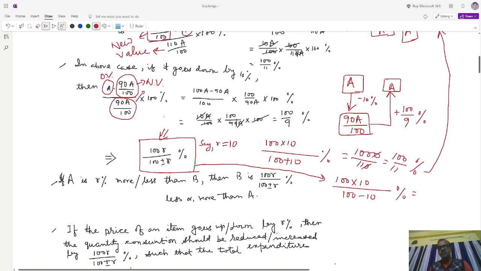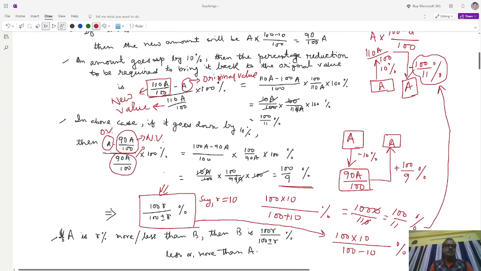So this is equal to 1000 divided by 90%, equals 100 by 9%. Okay, these two values are equal. So it is the general form of the above case.